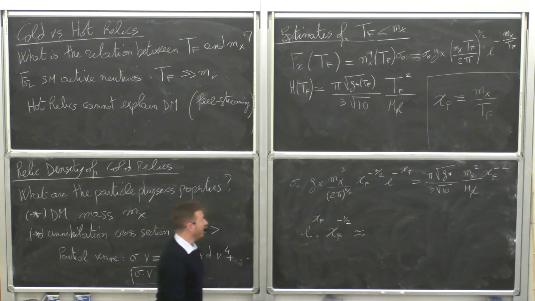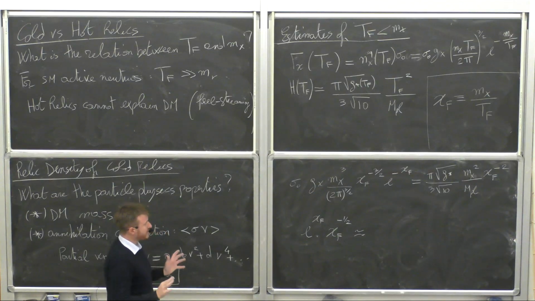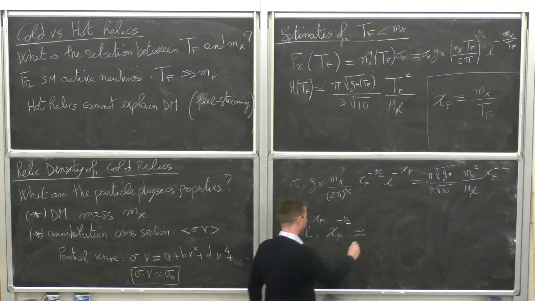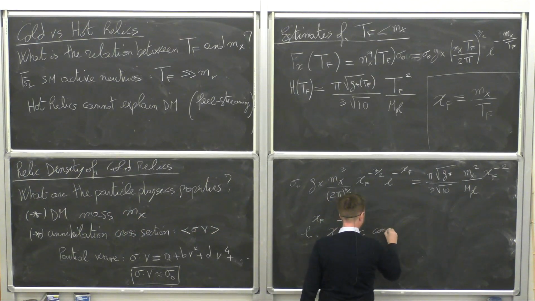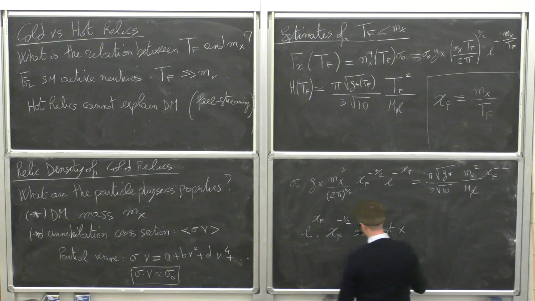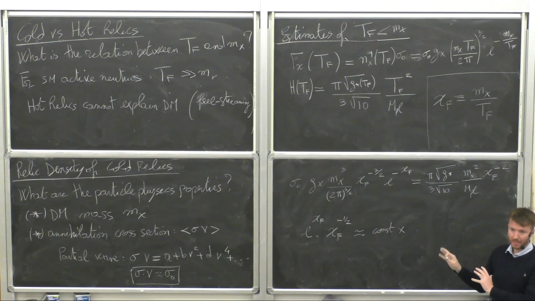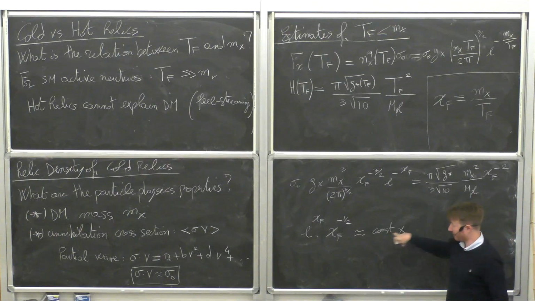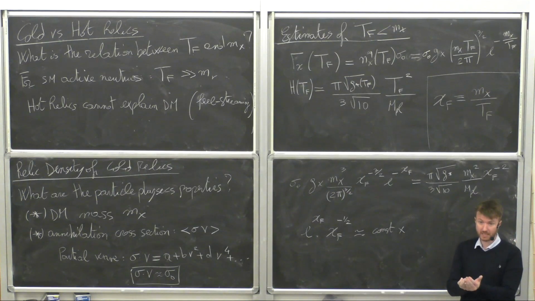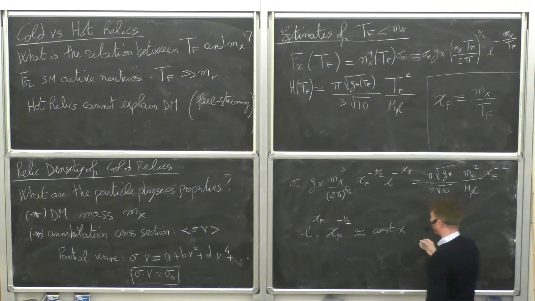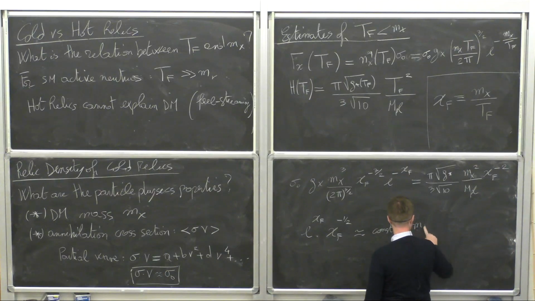equal. Okay, now let's be realistic and not pretend to keep track of all the pi factors. What I really want to focus on is the dependence of this right-hand side on the quantity with physical dimensions. So I have m chi, m Planck, sigma 0.